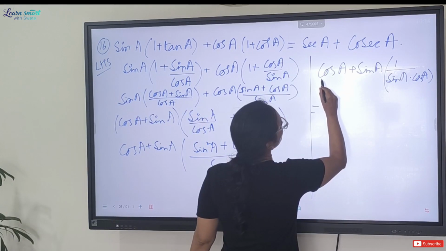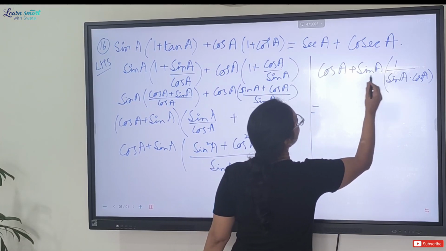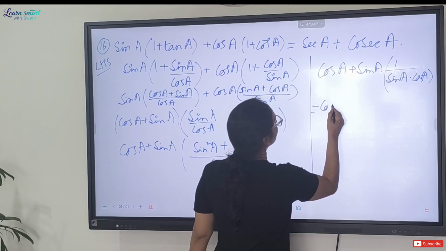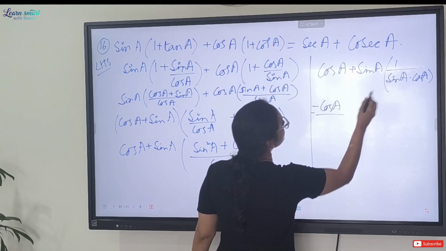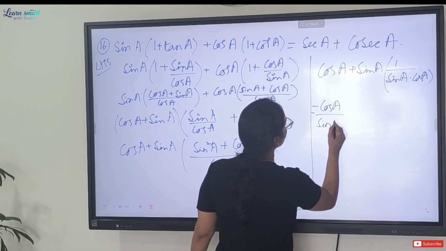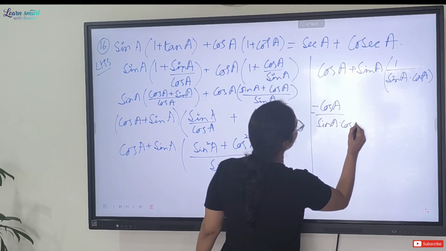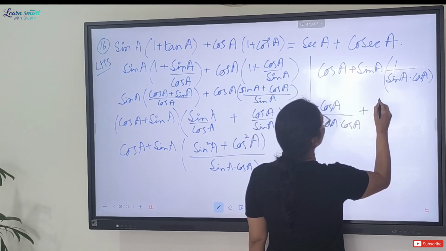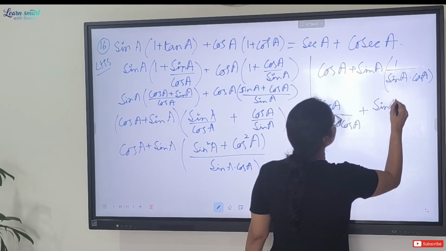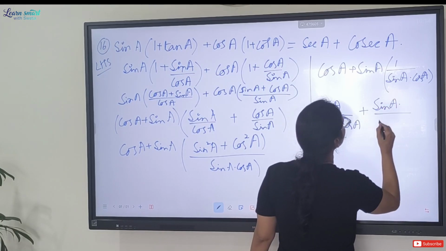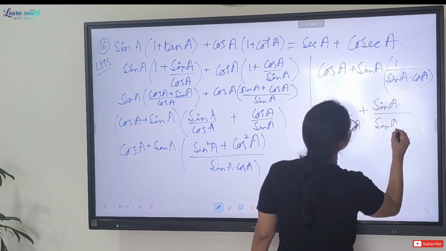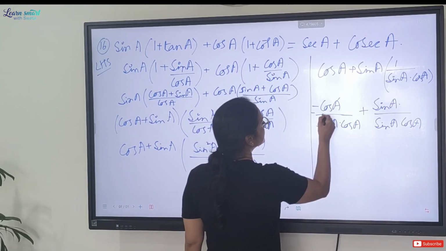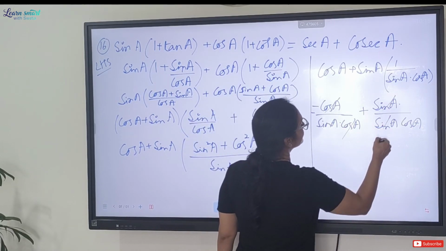Now, we can write that as cos A upon sin A cos A plus sin A upon sin A cos A. So we can cancel cos A and sin A here.